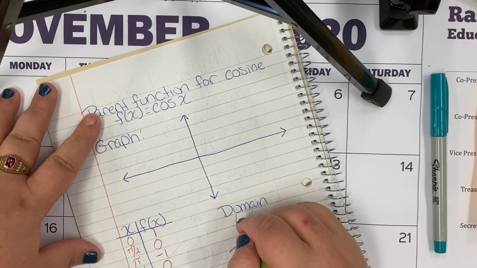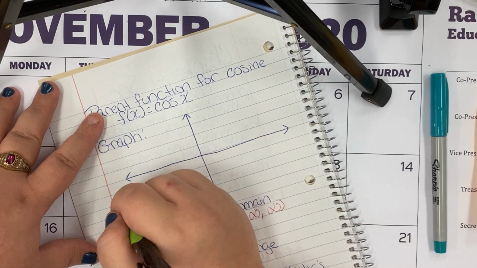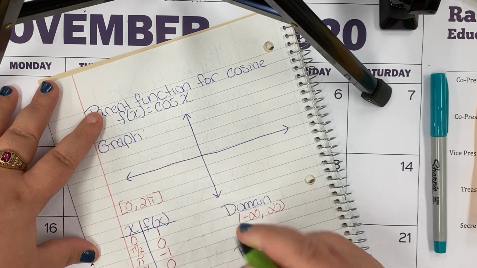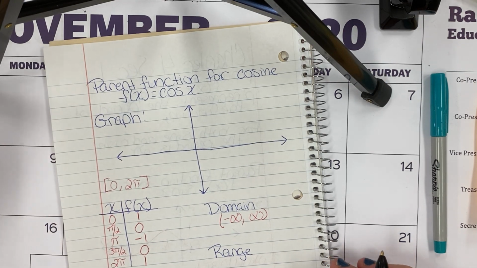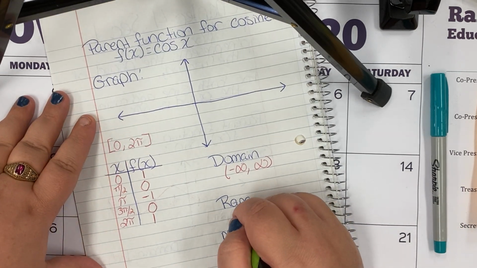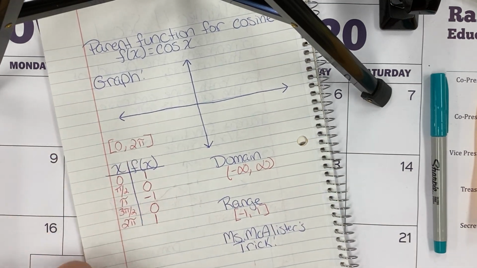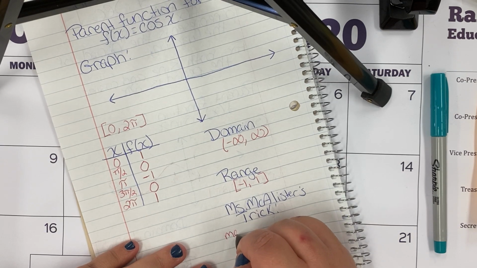Domain's still going to be the same. It's going to be between negative infinity and infinity. Your interval, because nothing has changed, is still 0 to 2 pi. So your parent function interval is always between 0 and 2 pi. It's once we change the period that the interval is going to change. My range is still between negative 1 and 1. And then my trick for this, that my trig teacher told me, was you start at your max.